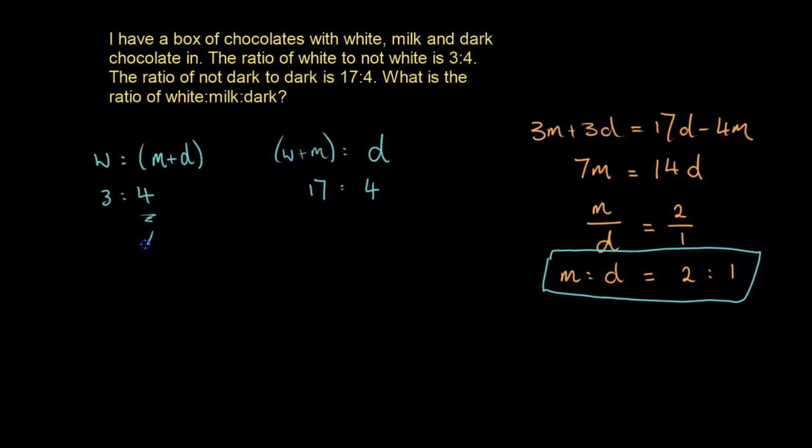So if we split that 4 up via this ratio that we worked out, we'll have 4 divided by 3 times 2 and 4 divided by 3 times 1. And if we work those out as fractions, we'll see that we get 3 to 8 over 3 to 4 over 3.